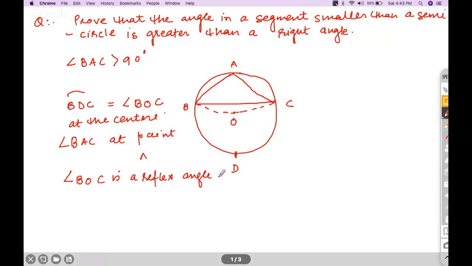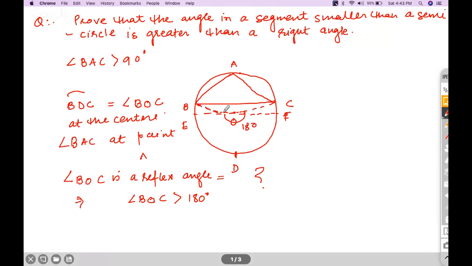Why do I write this? Because angle BOC would be greater than 180 degrees. Why will it be greater than 180 degrees? Because if I draw a line like this, and if I take this angle EOD or EOF, this angle EOF is 180 degrees.